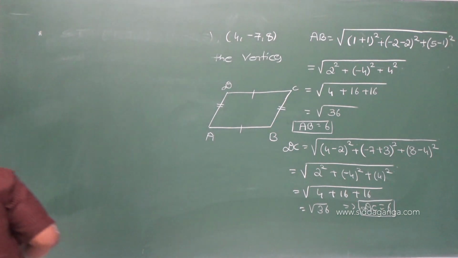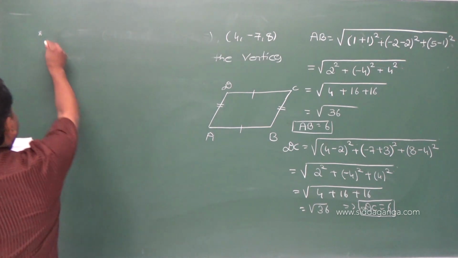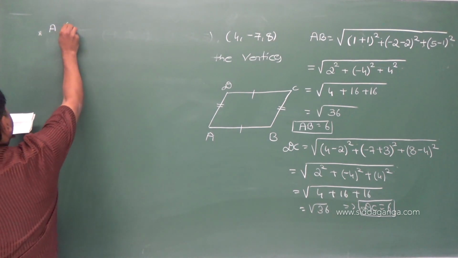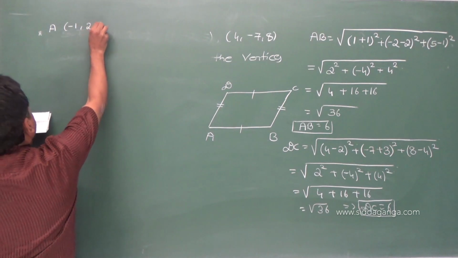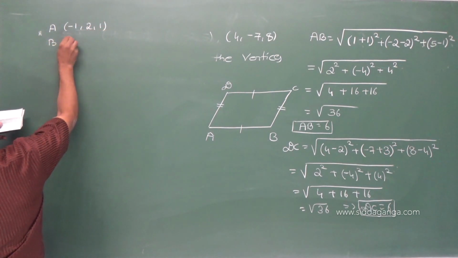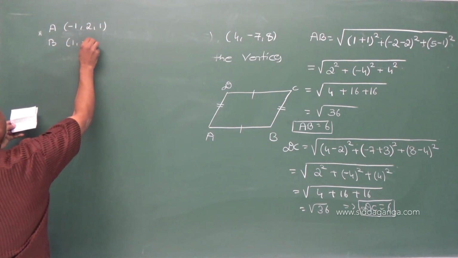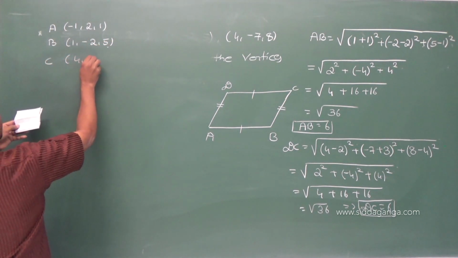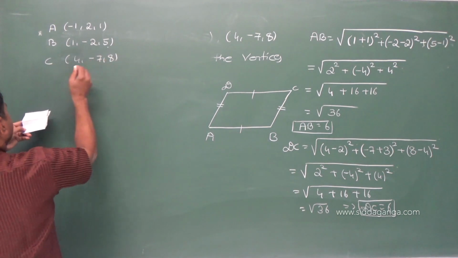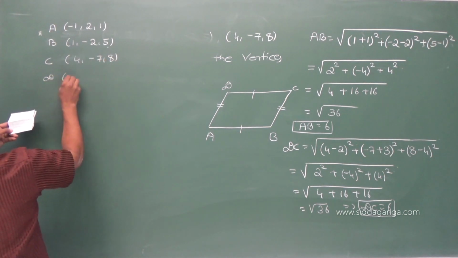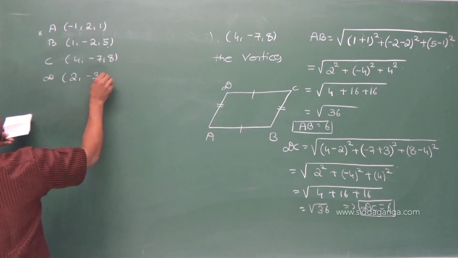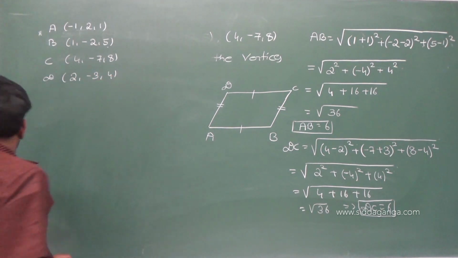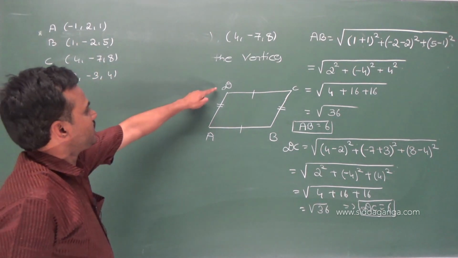Distance from A to D. I have written the points: A(-1, 2, 1), B(1, -2, 5), C(4, -7, 8), D(2, -3, 4).